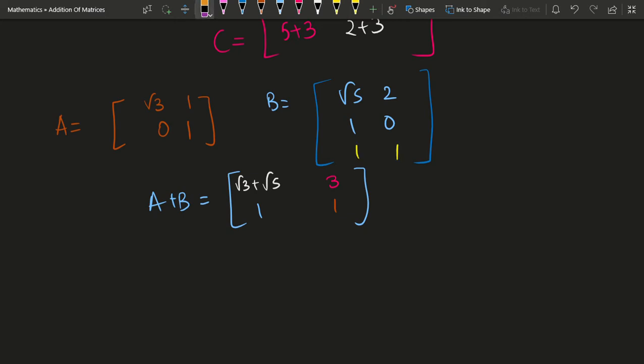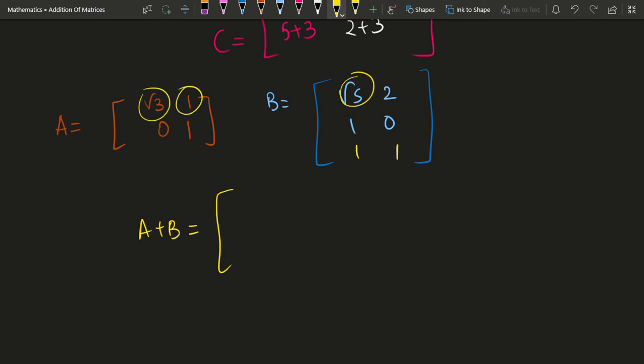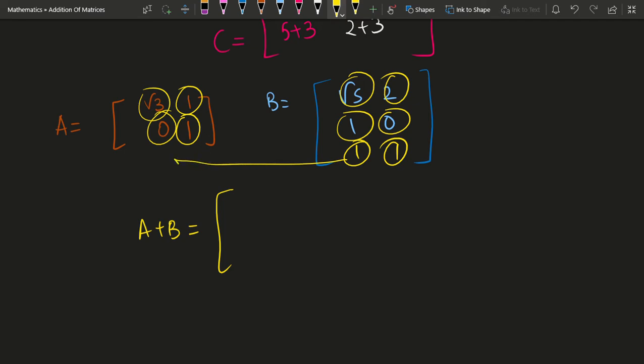Now if you want to figure out what A plus B is, you can do the addition for these four entries, but for these two there is no corresponding element in A. So you can't really add these two matrices. A plus B is just not defined.